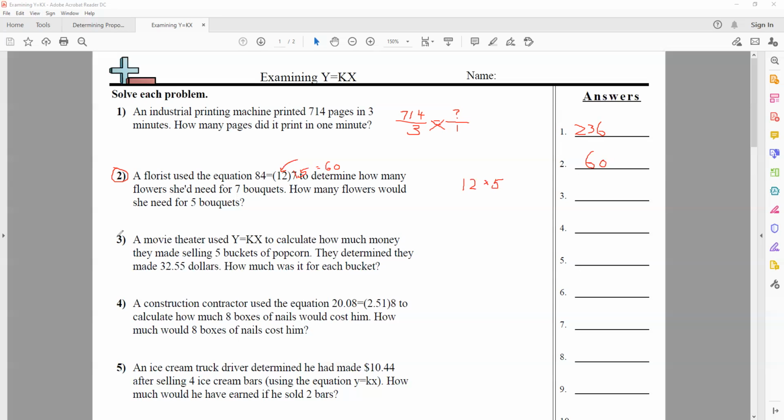Okay, number 3 is decimal, but it's the same method. Let's try that one.